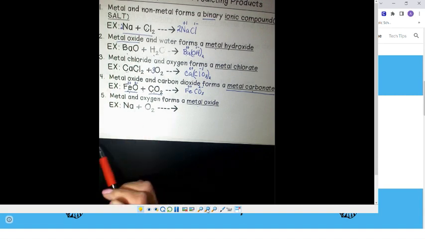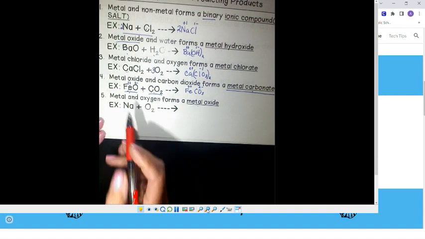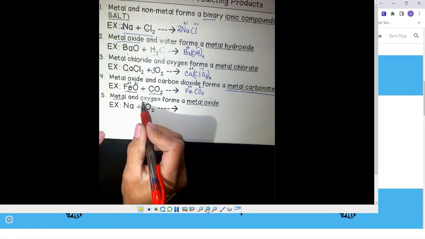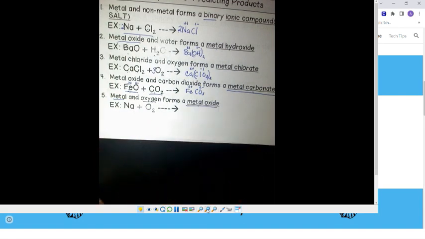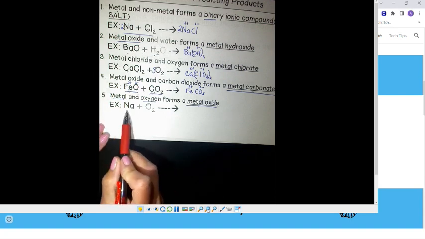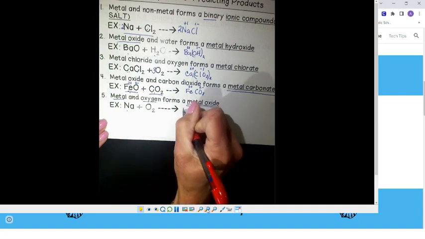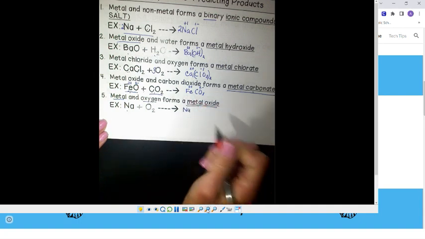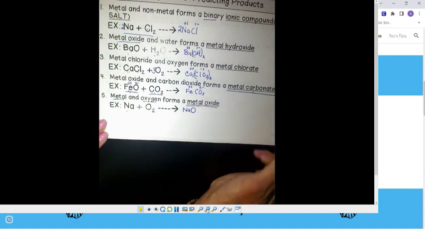It's also combustion, right? So any metal plus oxygen will give us a metal oxide. So I'm going to take my metal from the start, put him in my product, and combine it with oxygen to make a compound. And I'm going to check my oxidation numbers again.